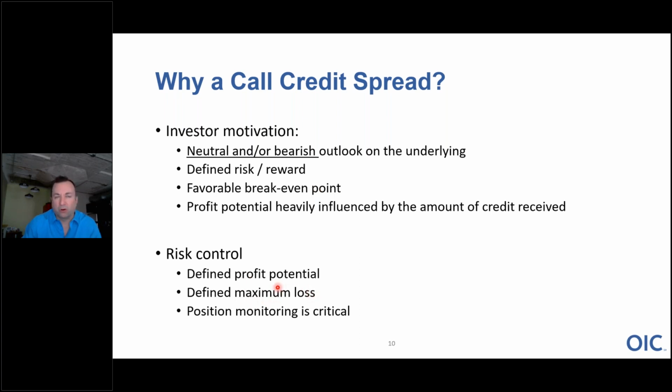I'll just add one more element to this, that element of risk control and defined maximum loss is there and is true while the options exist.